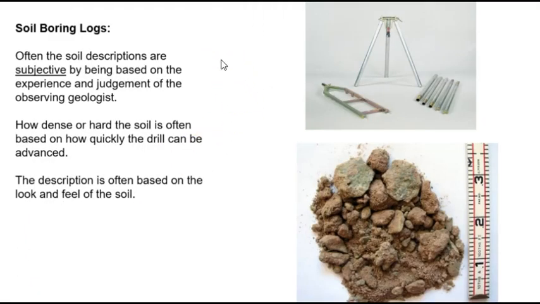Often the soil descriptions are subjective, so it's not an exact science. They're based on experience and judgment. And how dense or hard the soil is often based on how quickly the drill could move through the earth. This is a manual boring rig that would only go down a small distance, as opposed obviously to a hydraulic rig.